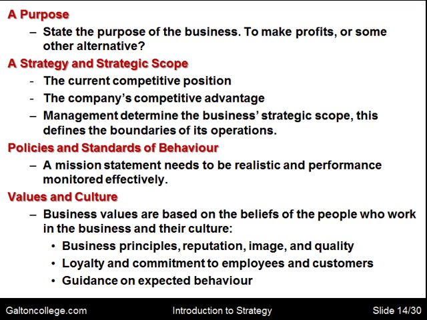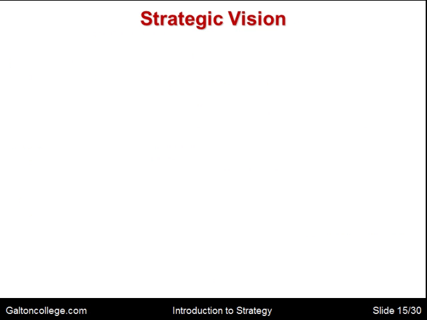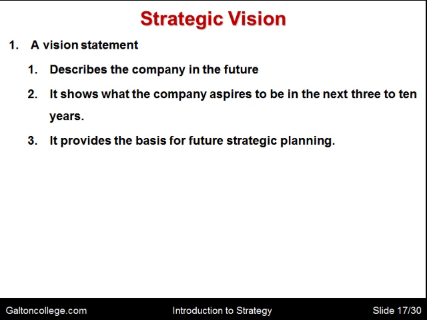Now let's move on to look at the strategic vision. Let's start with a vision statement. It describes the company in the future. Where will the business be in the future? It's a vision. It's imagination, but it's not idle imagination.